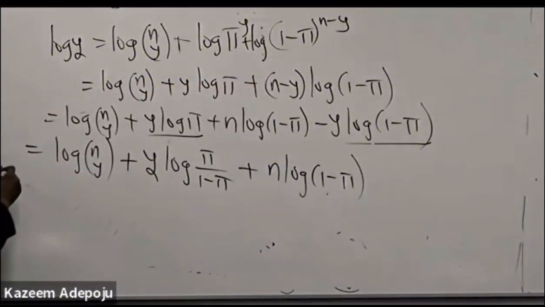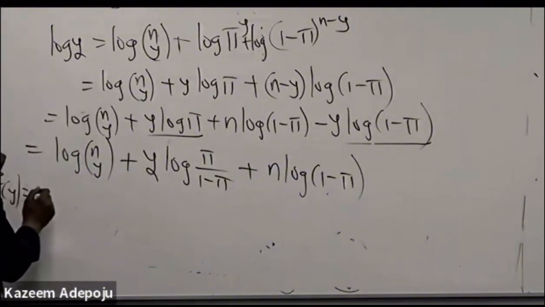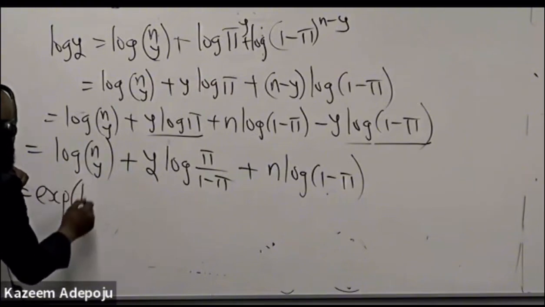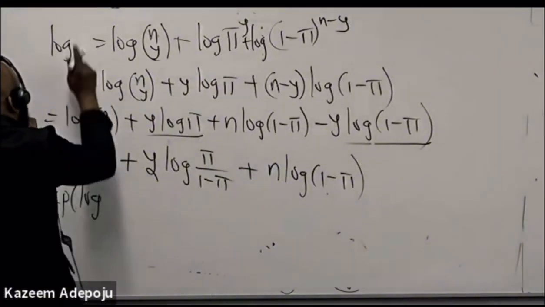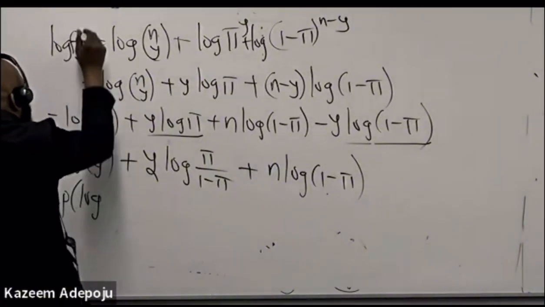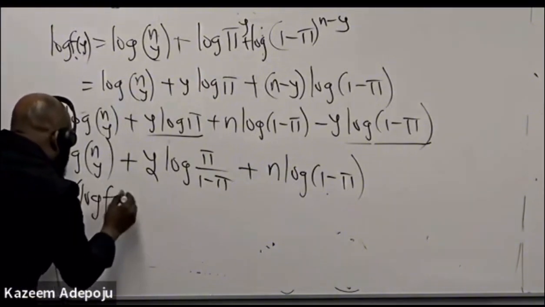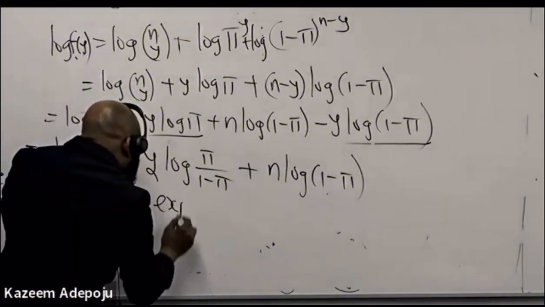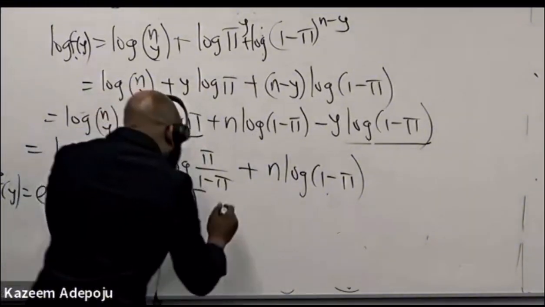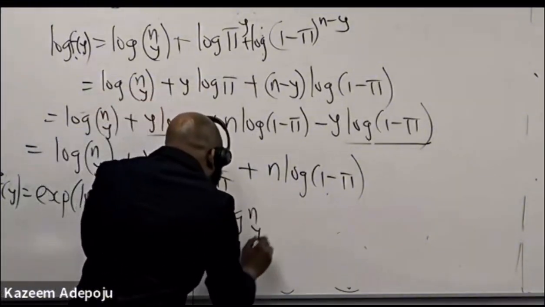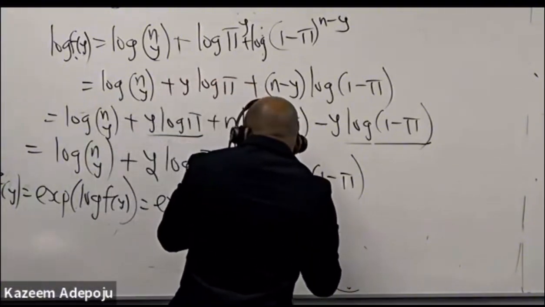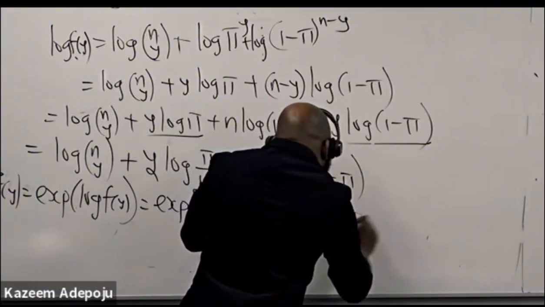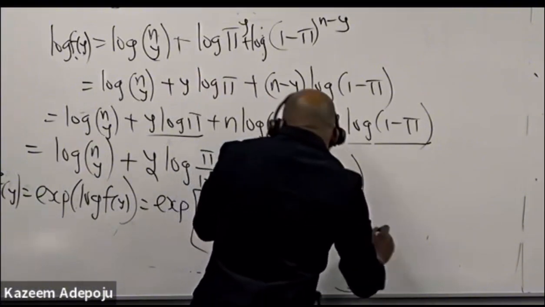Now, if this is a log, if I want to get my f of y back, I'm actually going to do exp of the log. Sorry, this is a log of f of y. So f of y is now going to be exp of log of this, plus y log of that over that.